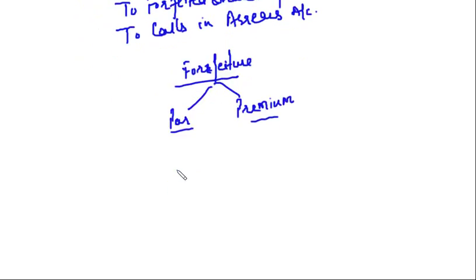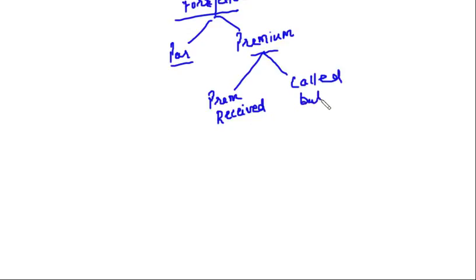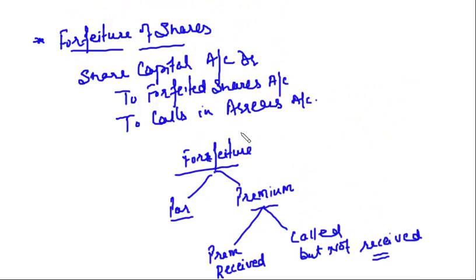And we discussed that if the shares were originally issued at premium, then how to affect the forfeiture depends upon whether the premium has been received or premium has been called but not received. So this is all what we have discussed in the forfeiture of shares.